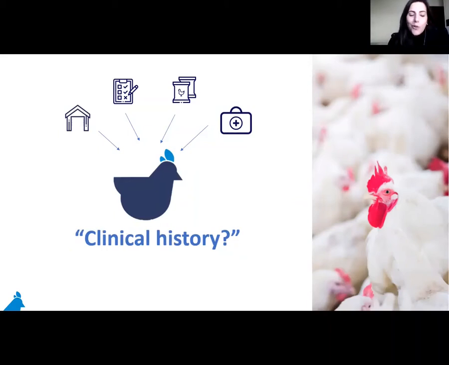When we are working in a production system, it's a little different, because not necessarily do I need to know about that specific animal. What matters to me is the other 20,000 birds that are in the barn, or the history of that property.